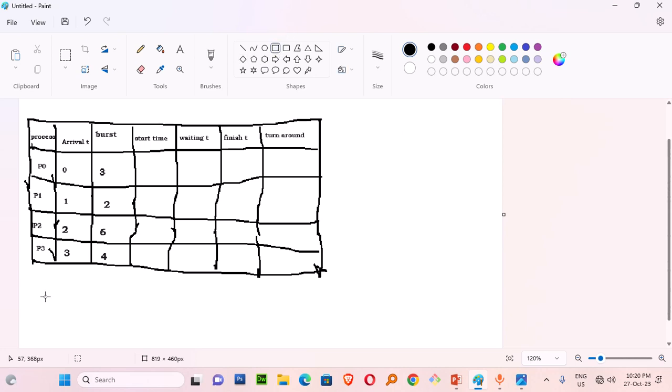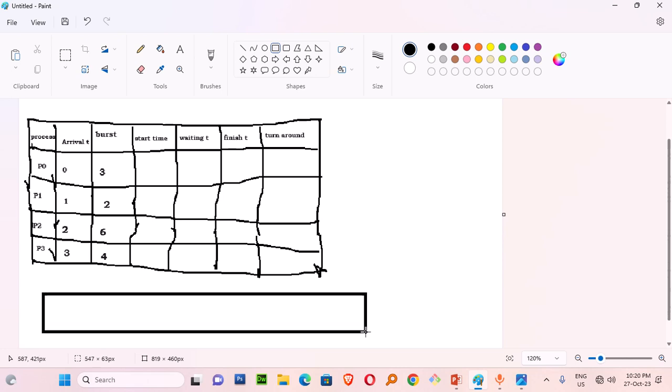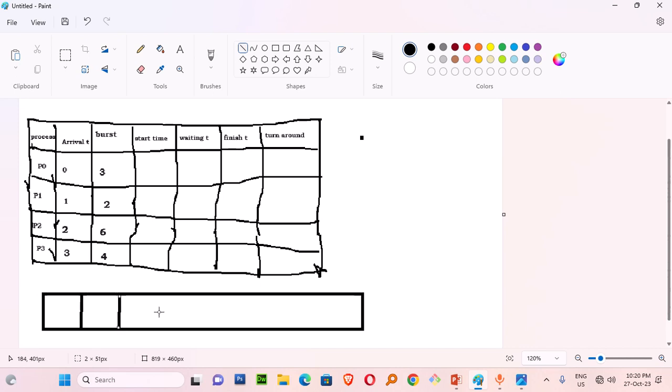So I will draw my small Gantt chart here. This one will be for P0, this one for P1, this one for P2, then this one for P3.